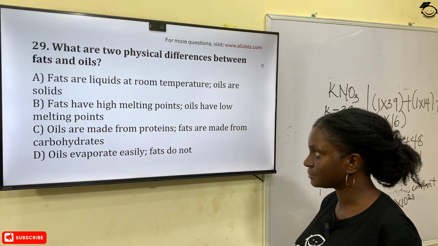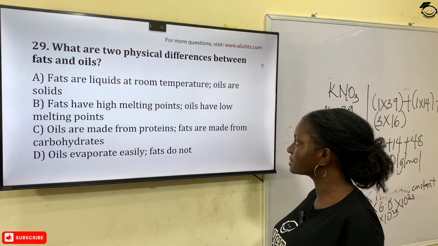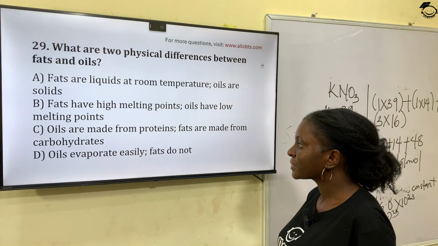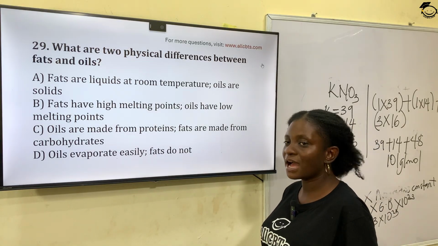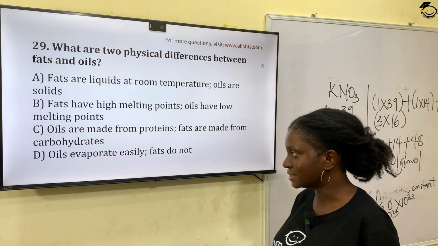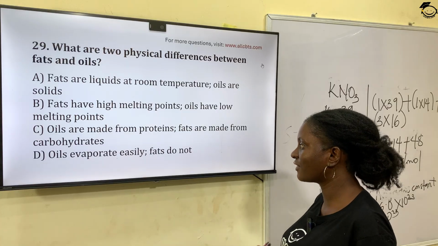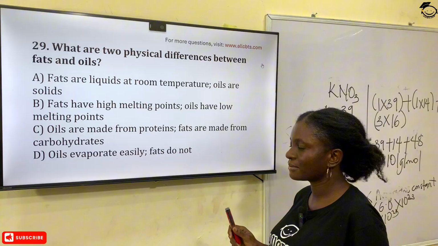That's not correct. B, fats have high melting points, oils have low melting points. C, oils are made from proteins, fats are made from carbohydrates. D, oils evaporate easily, fats do not. The correct answer is fats have high melting points.